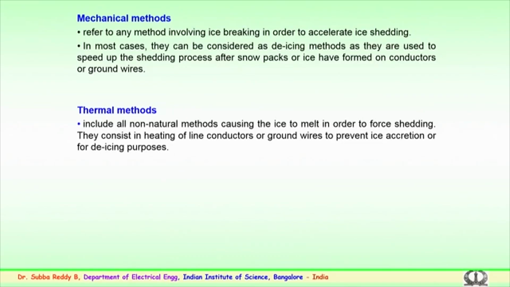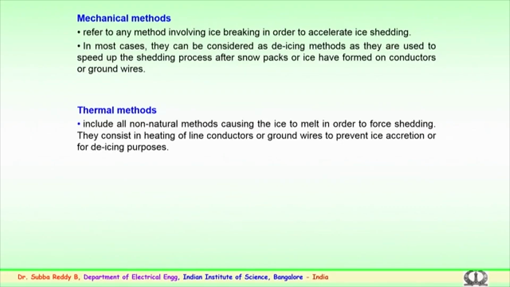In most cases the mechanical methods can be considered mainly for de-icing, as they are used to speed up the shedding process after the snow or ice accumulations form on conductors or ground wires, so that removal of ice or de-icing is done.